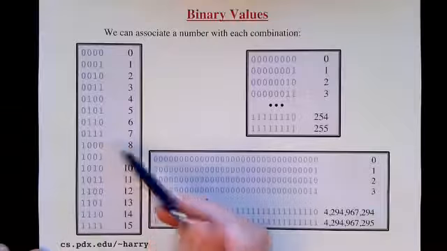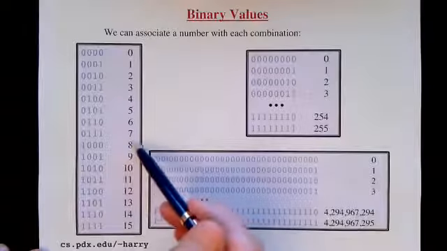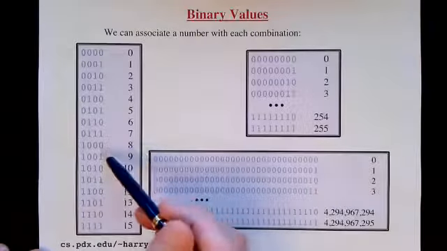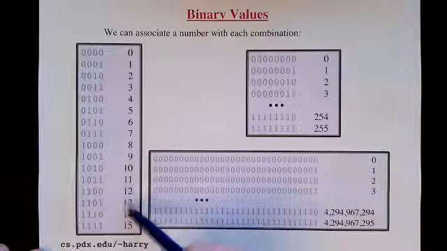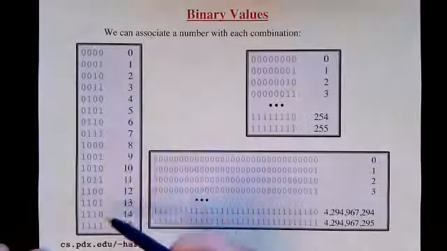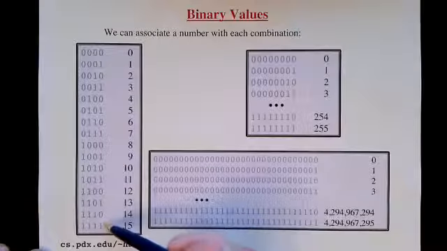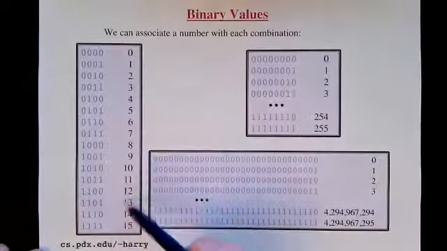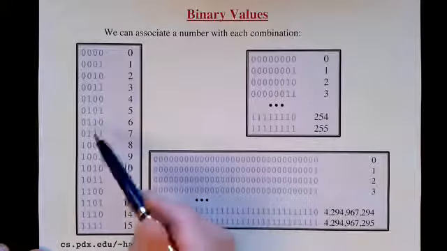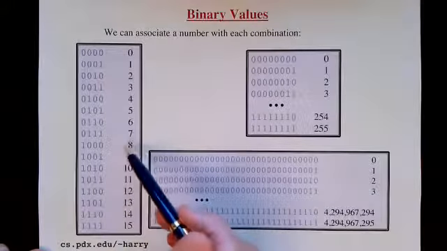So now we see how numbers can be represented in a computer memory. If we have a 4-bit memory, we can store any number between 0 and 15. We have 16 possible combinations of bit values, and we can associate with each one of those combinations a number according to this scheme here.